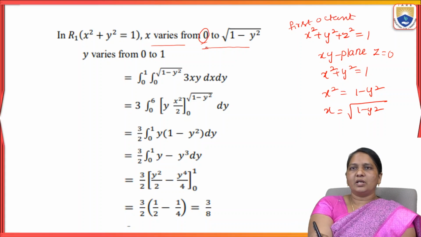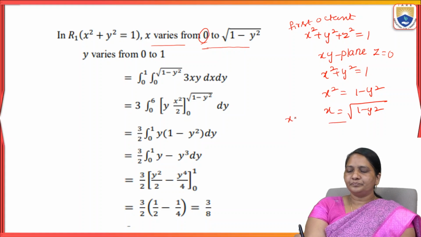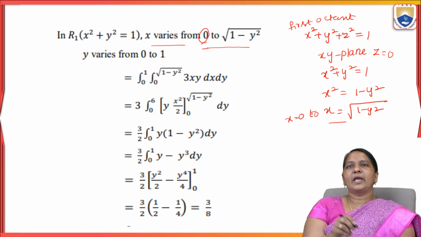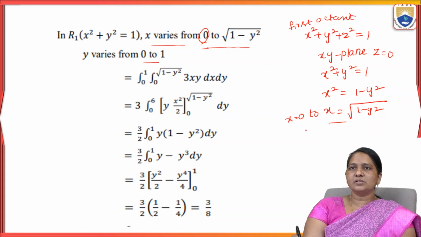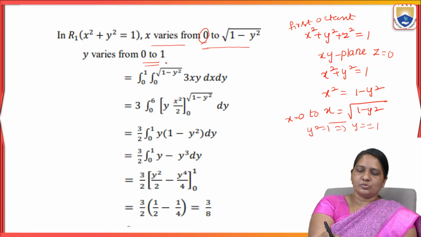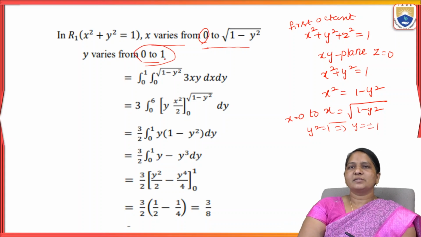So x varies from 0 to square root of 1 minus y square, and y varies from 0 to 1. When x is 0, y square equals 1, so y equals plus or minus 1, and taking positive values, the y limits are 0 to 1.